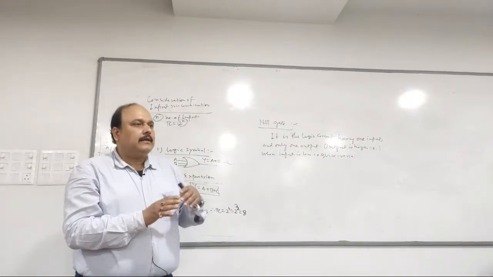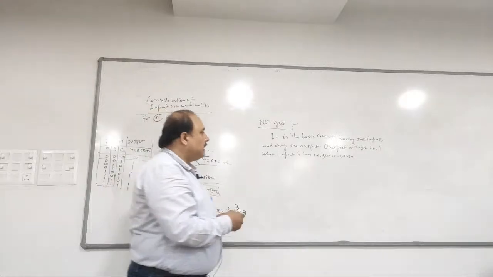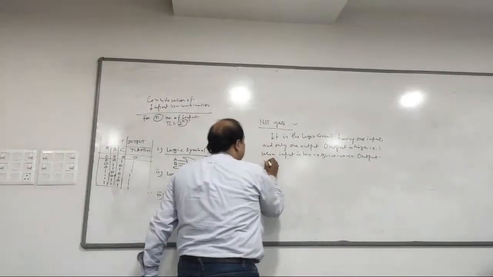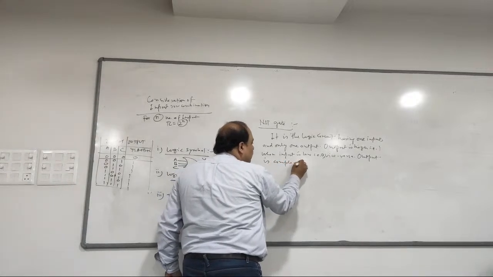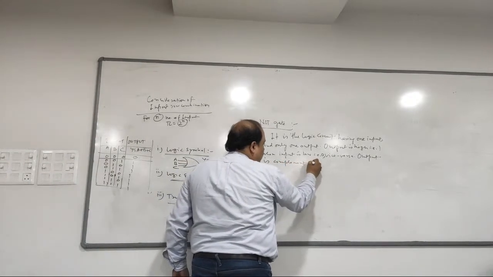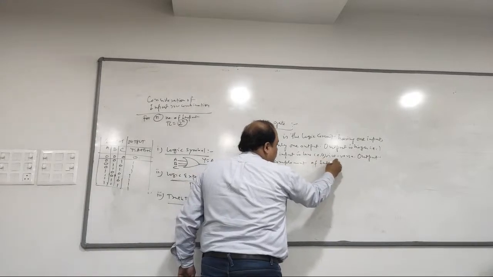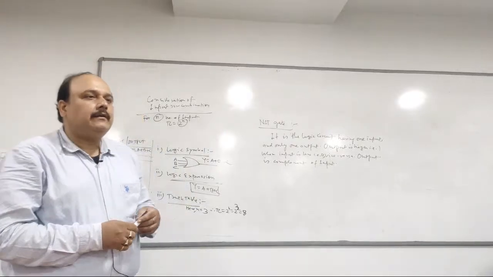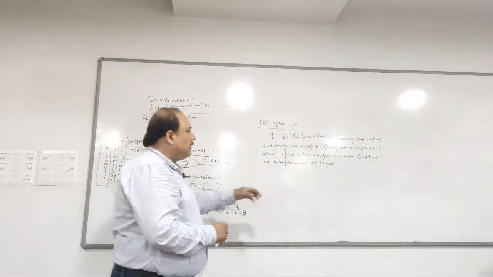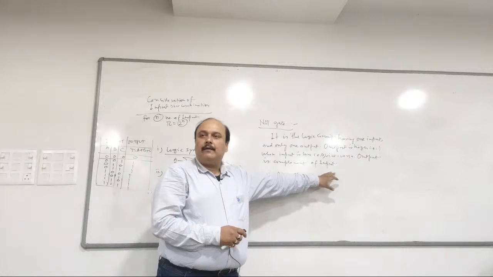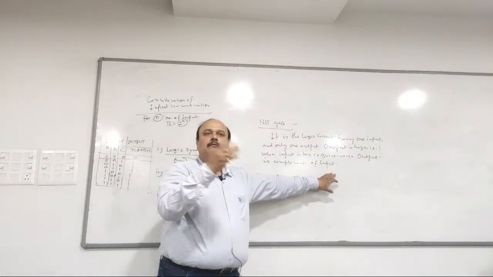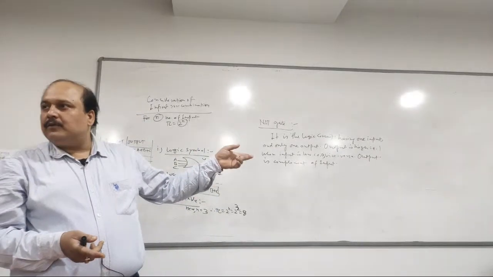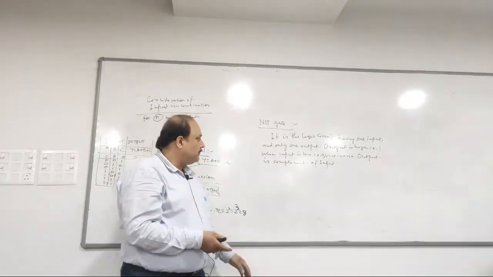In other words, the output is the complement of the input. In the case of an inverter, your output is the complement of the input. Whatever input value you have, the output is just the complement of that. So if your input value is 0, the output is 1. If your input value is 1, the output is 0.